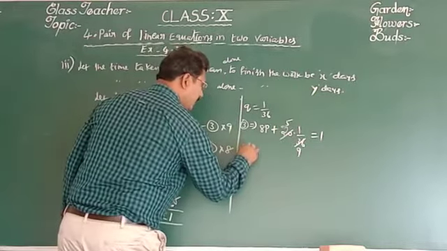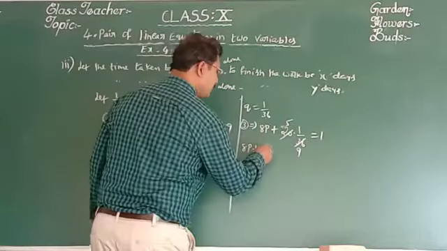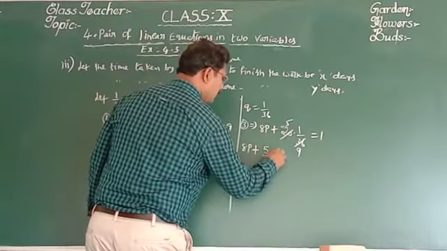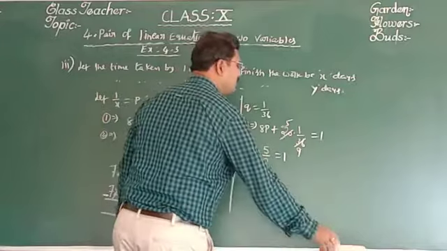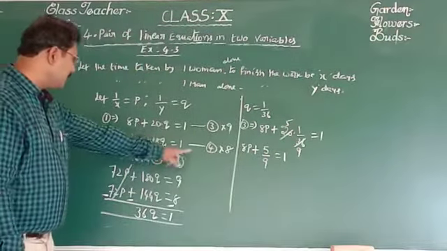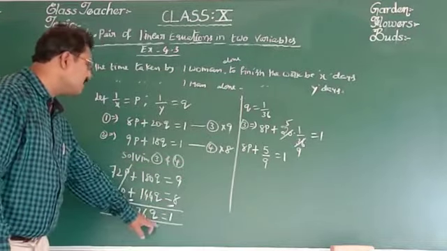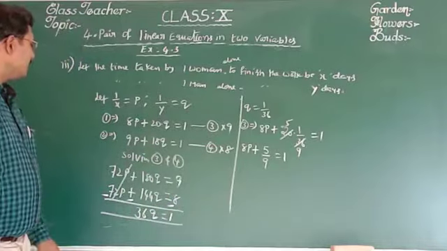So 8P plus 5 by 9 is equal to 1. Once again you see 9 minus 8 is 1, 36Q is equal to 1, so Q is equal to 1 by 36.